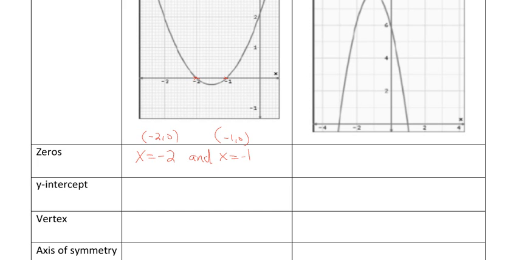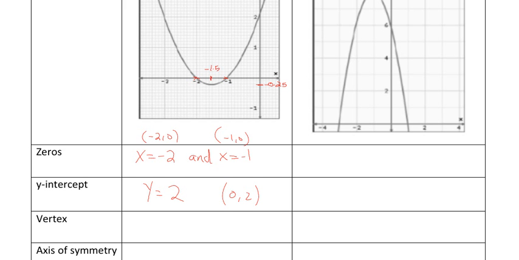What would be your y-intercept? It's about 2, but you have to say y equals 2, or you can write it as 0, 2. The vertex is a little bit hard to spot, but I think this is -1/4, and this is in between -1 and -2, so it's at -1.5.